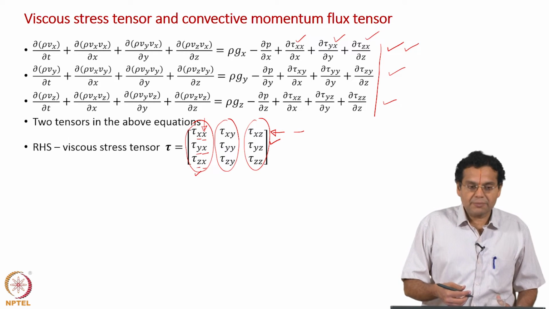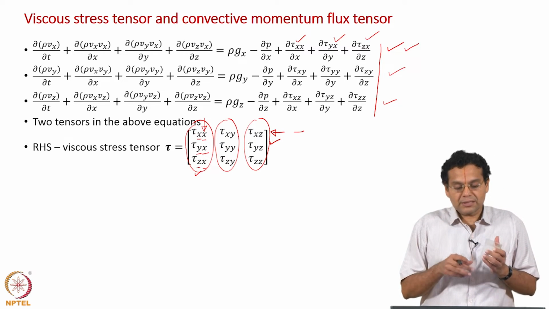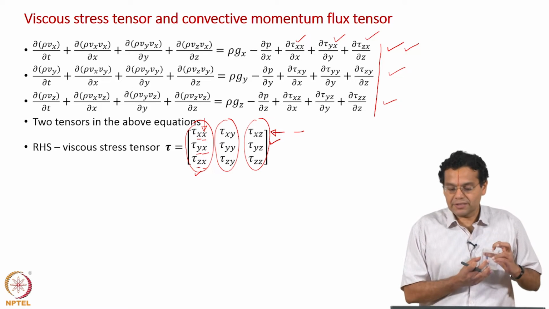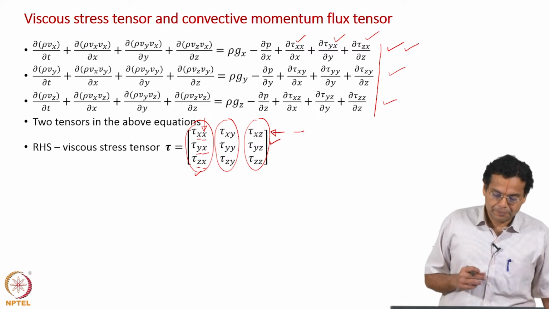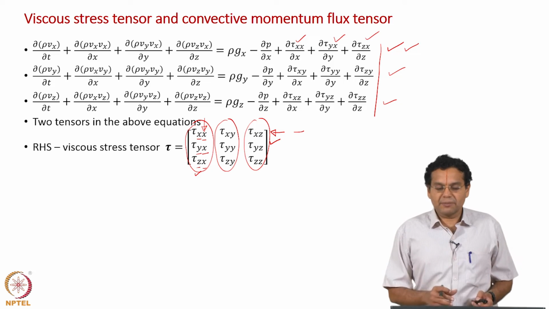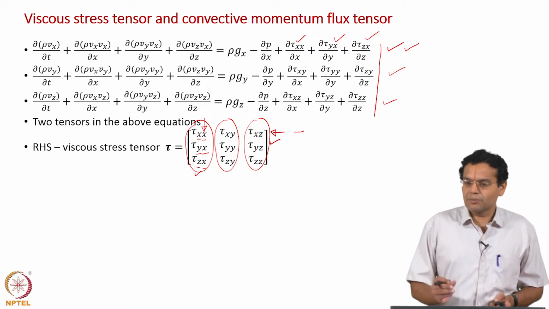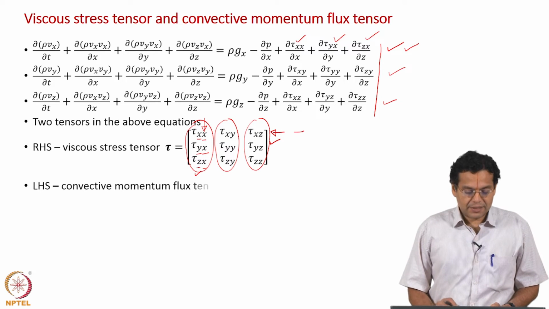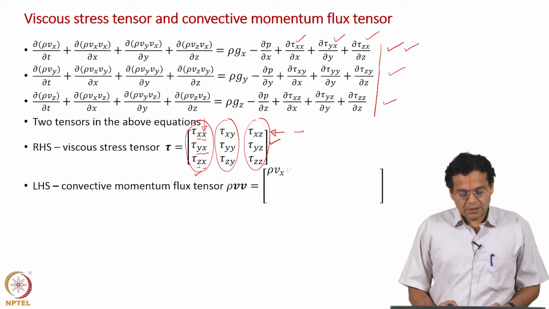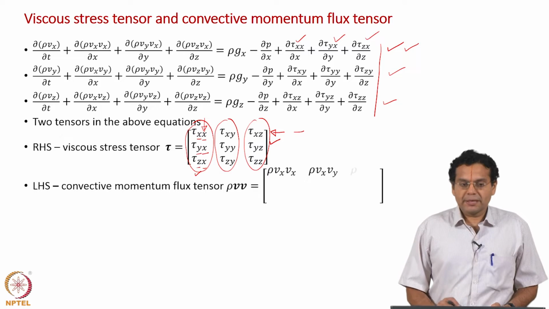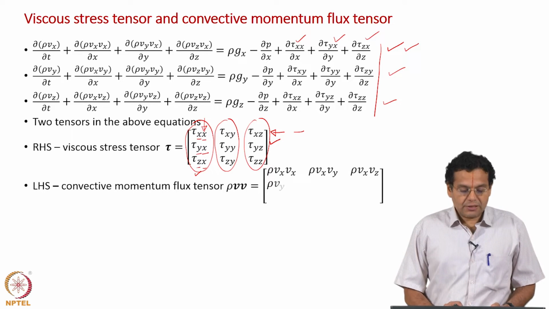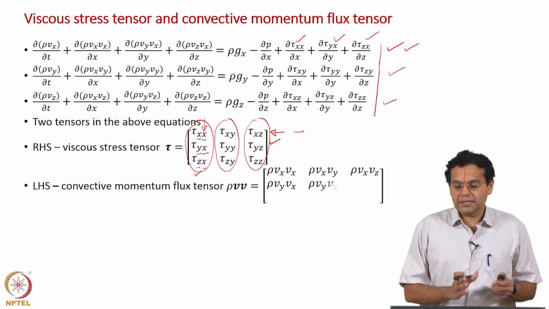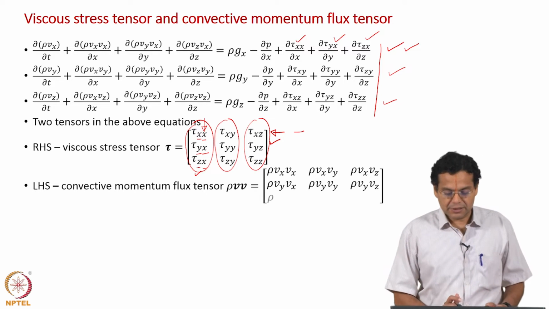The first subscript is different because they represent components of stress vectors acting on 3 different faces. Okay. This is familiar to us; we have discussed a little more than what you already know. Now, let us look at another tensor, called the convective momentum flux tensor, which is on the left hand side of this set of differential equations.